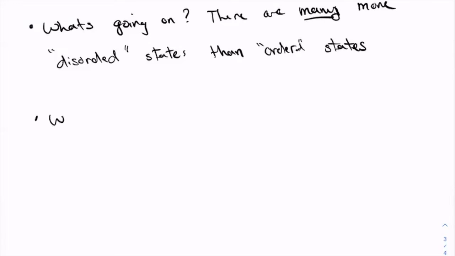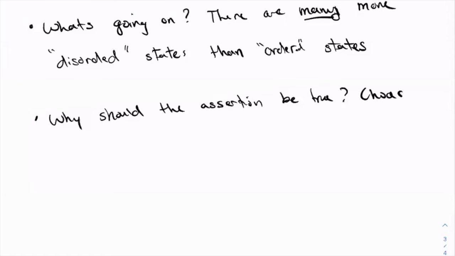So why then should that assertion be true? Well, that's hard to say. I could throw my hands up and say chaos, the dynamics over which an Avogadro's number of molecules propagate is complicated.